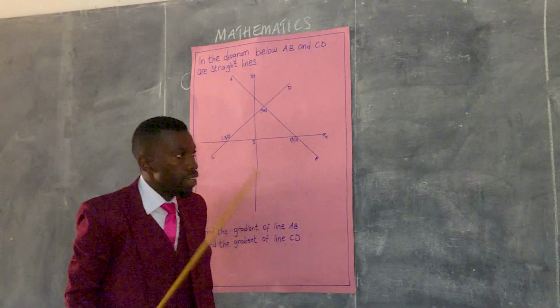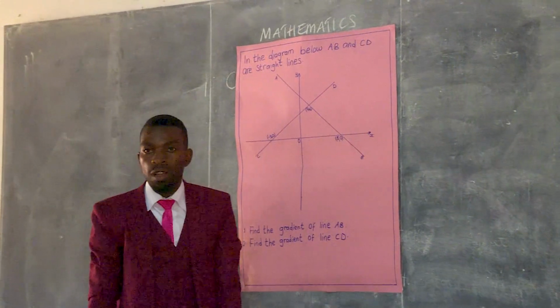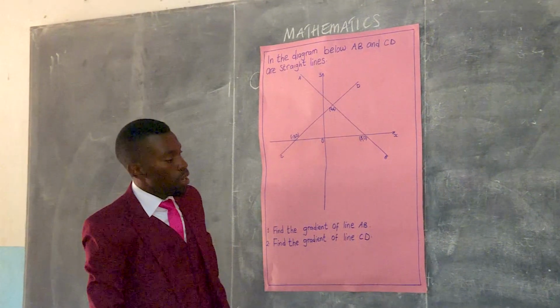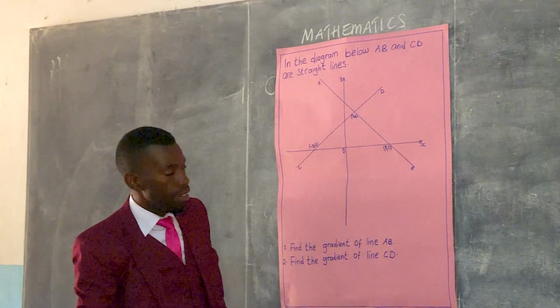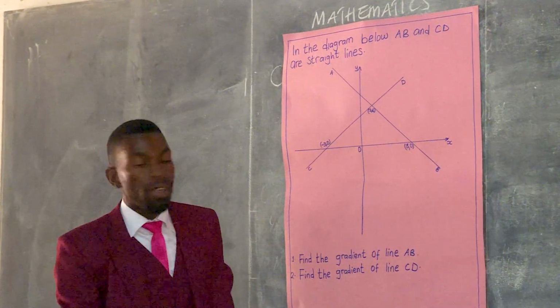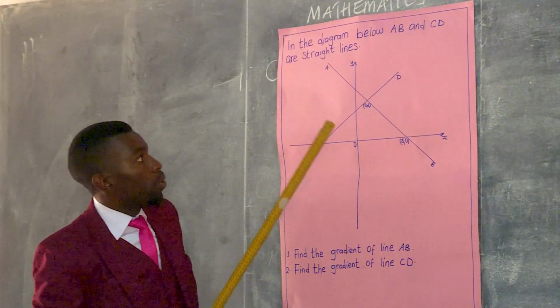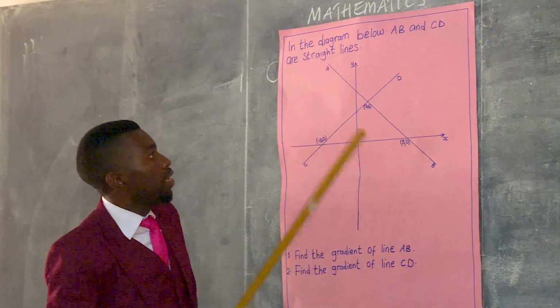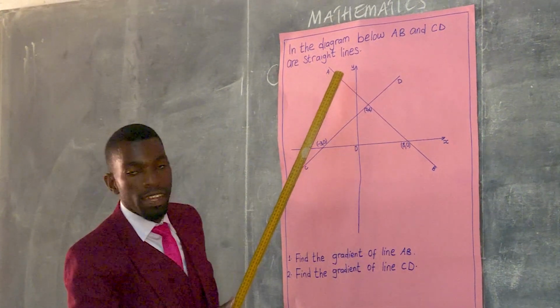So let's look at another question. Instead of just having the points which are given directly, we can also give a diagram. So in the diagram below, AB and CD are straight lines.